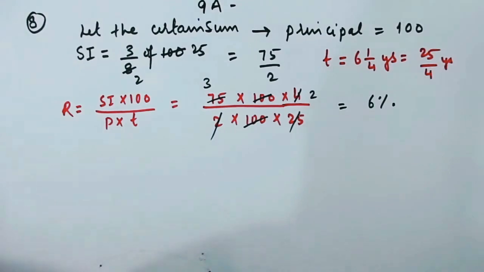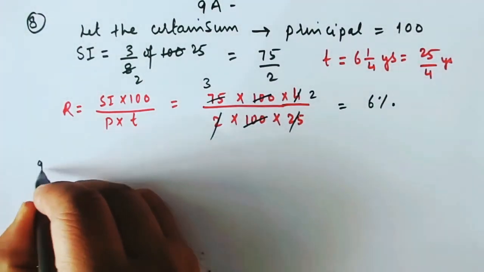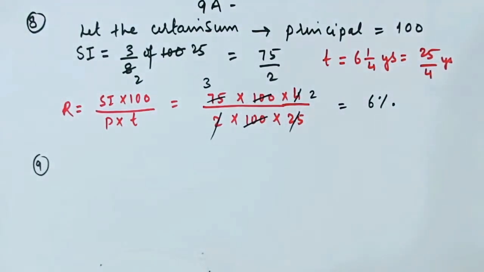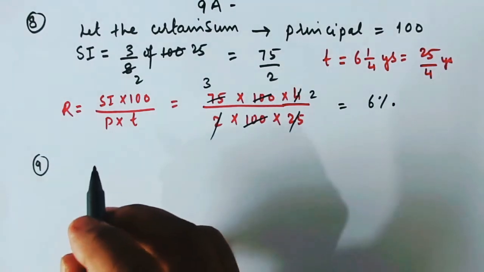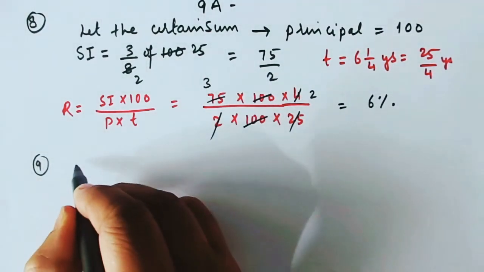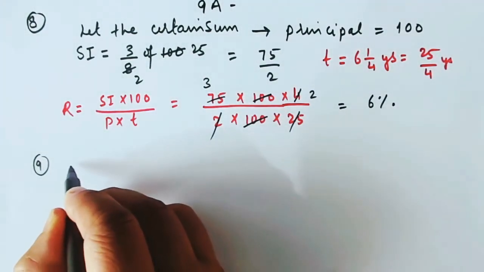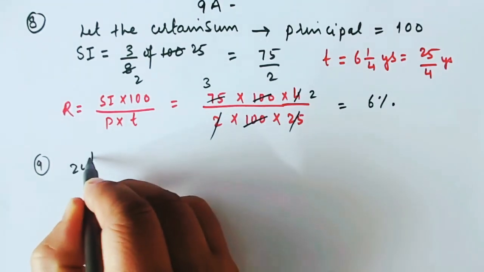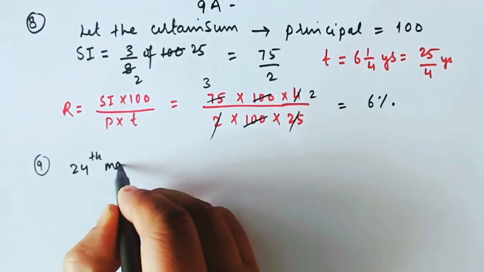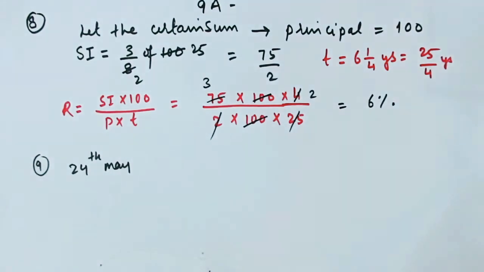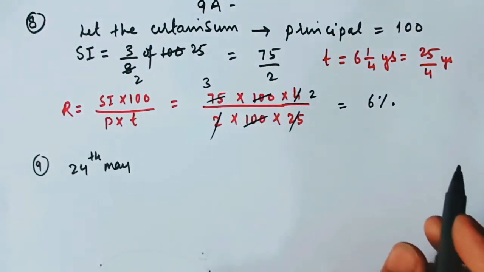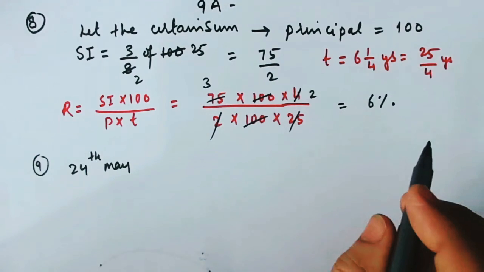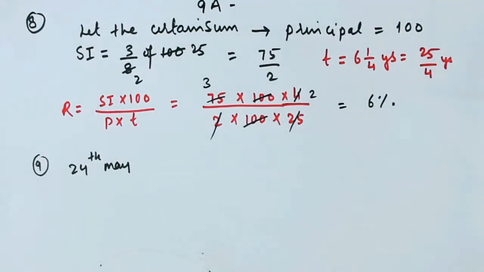Okay? Come on. Come to number 9. In number 9, what do we have? What sum of money borrowed on 24th May will amount to rupees so and so on 17th of October.